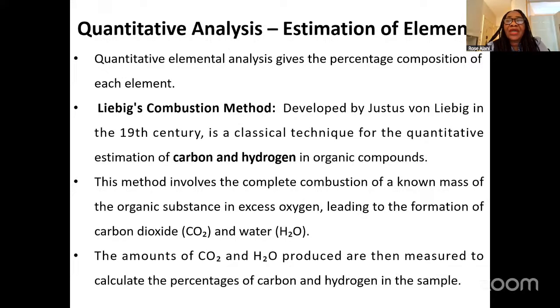The amounts of carbon dioxide and water produced are then measured and used to calculate the percentages of carbon and hydrogen in the sample.